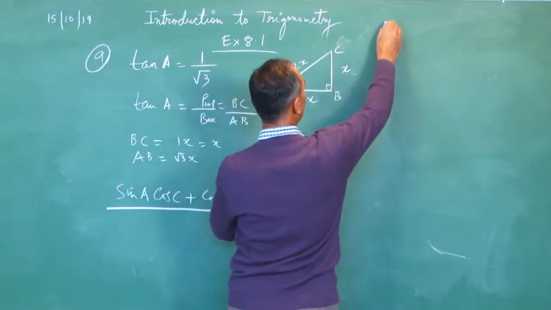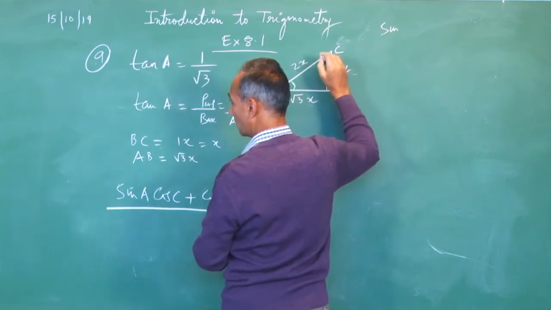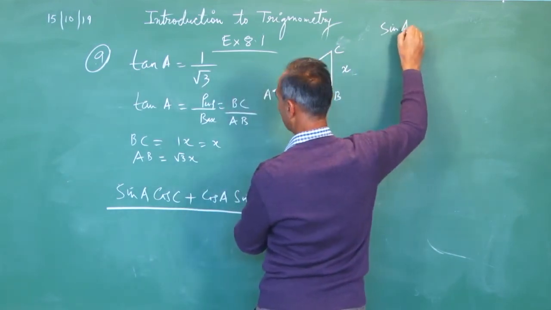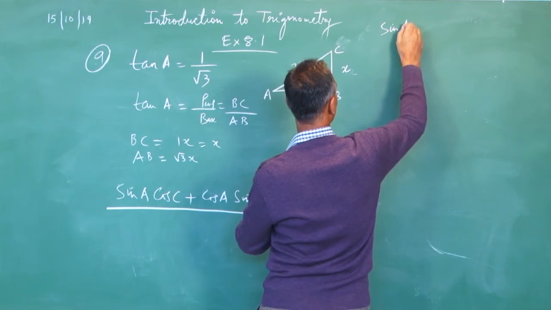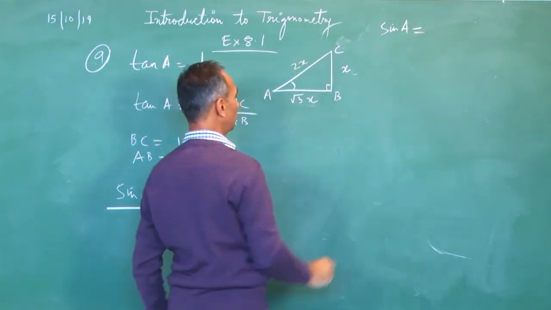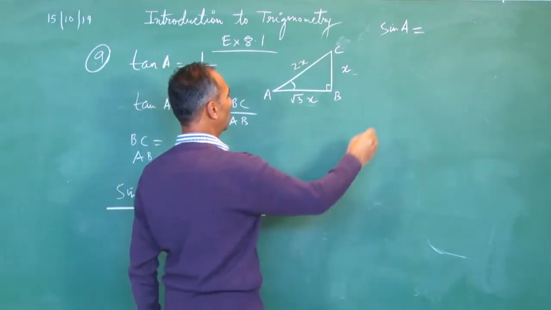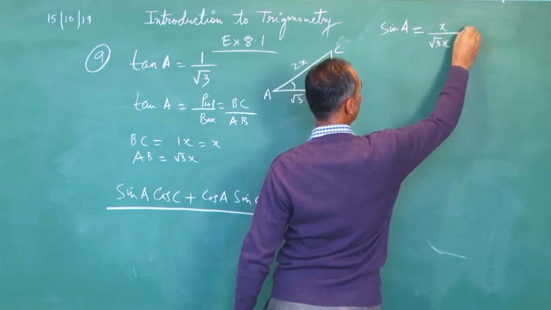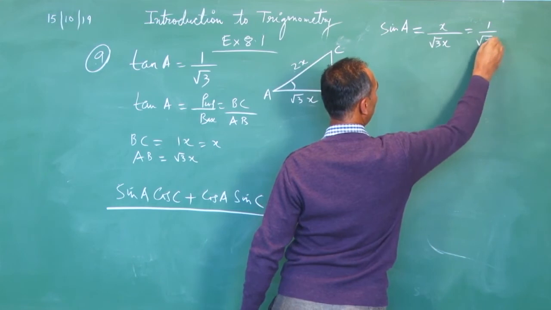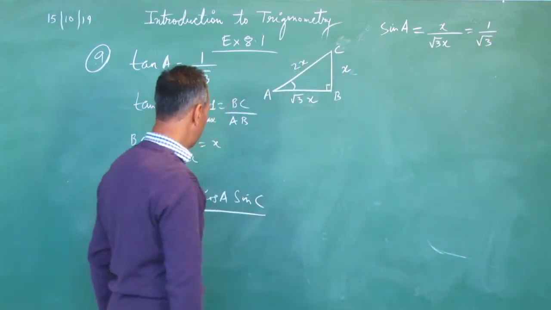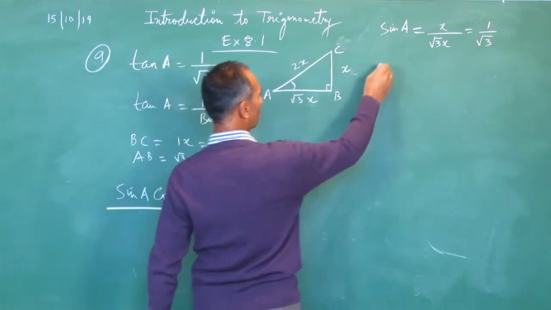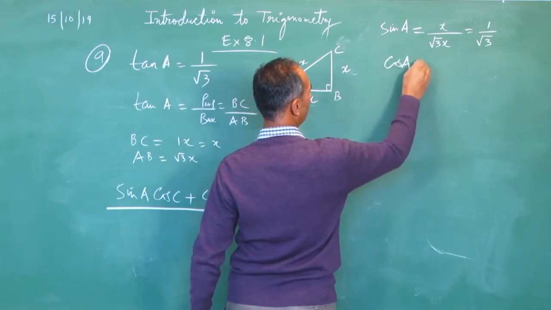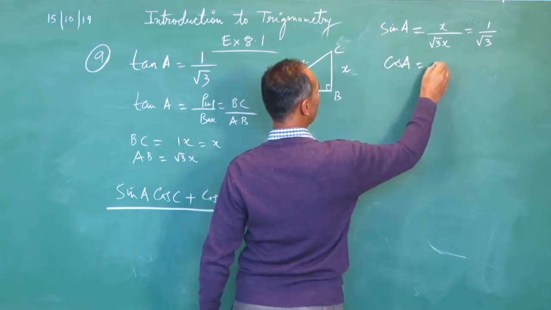Sin A is perpendicular by hypotenuse. That will be x by square root 3x. That is 1 by root of 3. And let's take cos there also. So cos of A is base by hypotenuse.